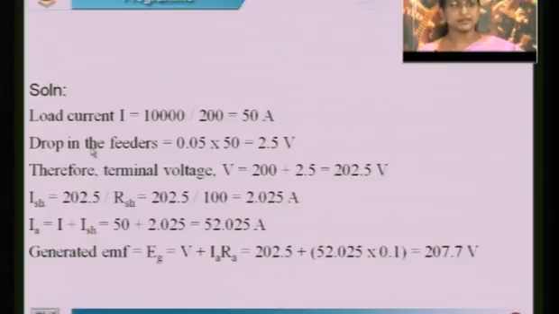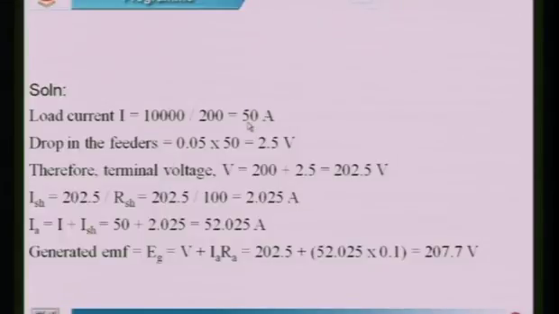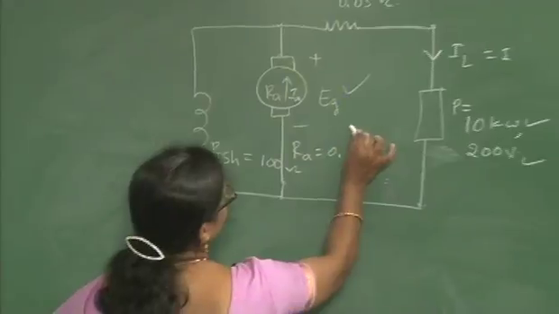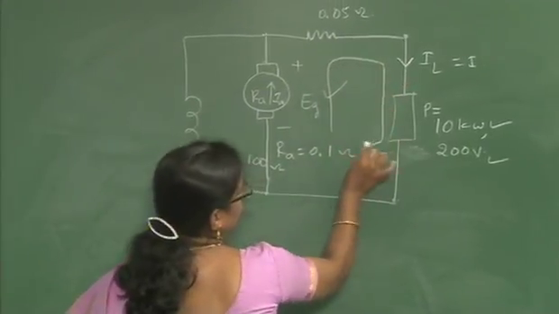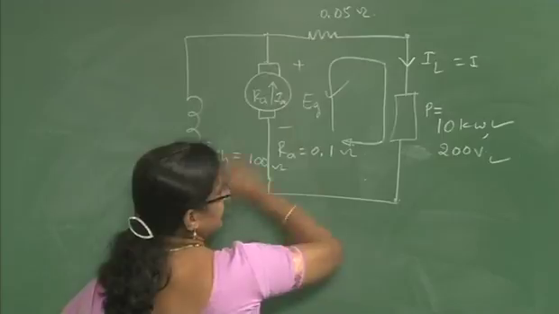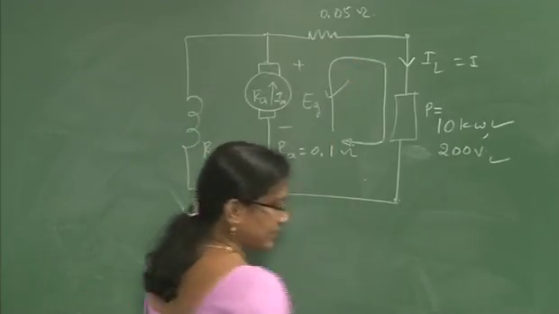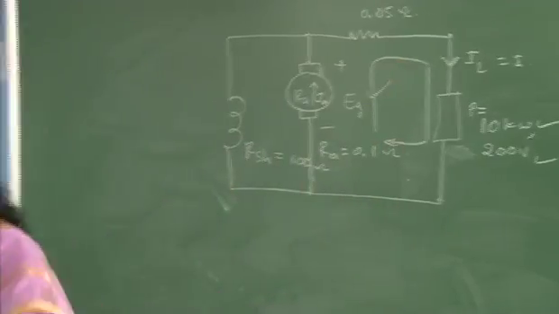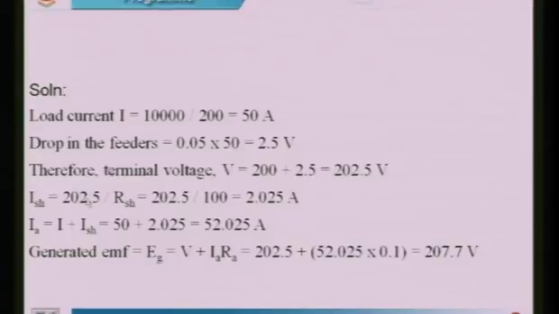Since you are supplying the power through the feeder, you also have to consider the drop in the feeders. The armature, feeder and load are all connected in series, so the current flowing through the feeder is the same as the load current, 50 amps. So 50 amps multiplied with the resistance will give you the drop in the feeders. Then you calculate the terminal voltage.